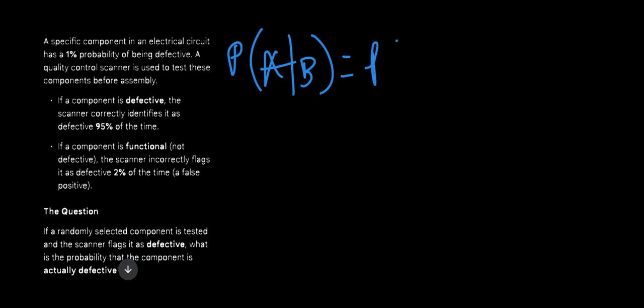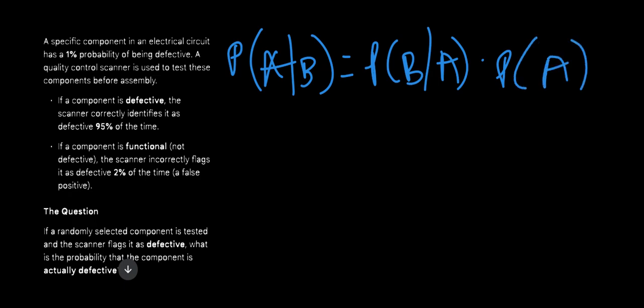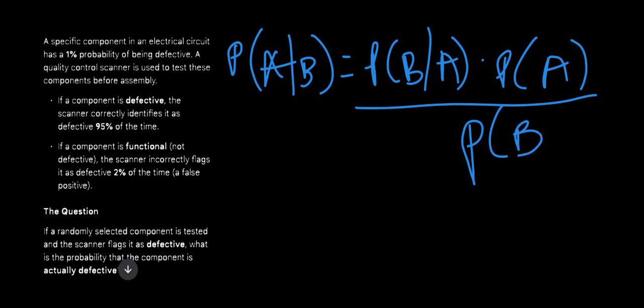Now from our Bayes' theorem, we know the probability of A given B is, from our Bayes' theorem, over the probability of B. Right.